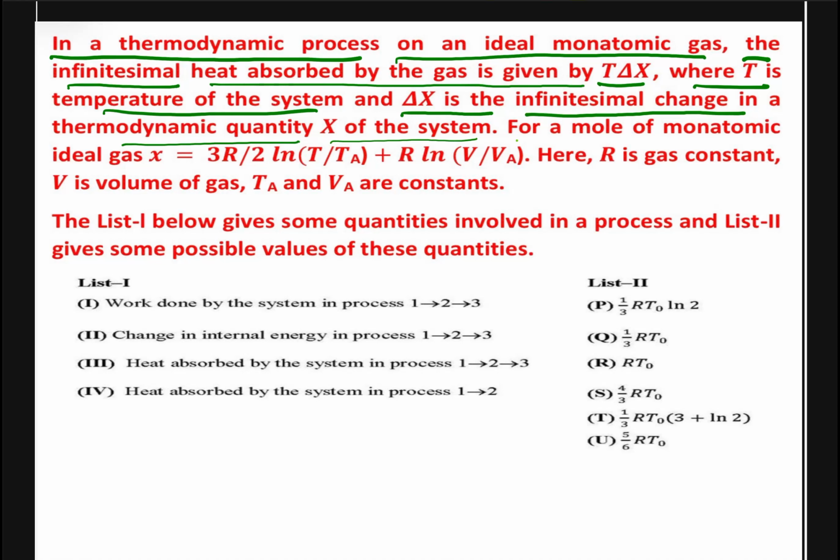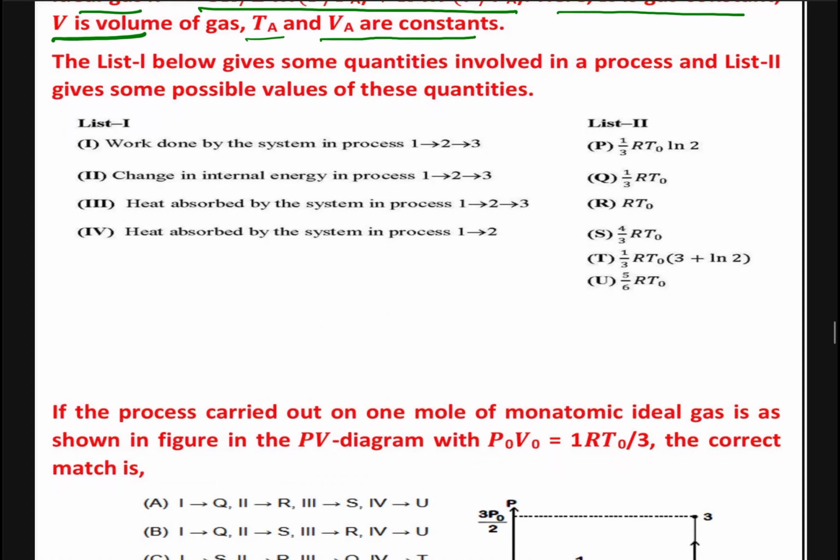For a mole of monatomic ideal gas, X is given by the equation, where R is the gas constant, V is the volume of the gas, and T_A and V_A are constants.